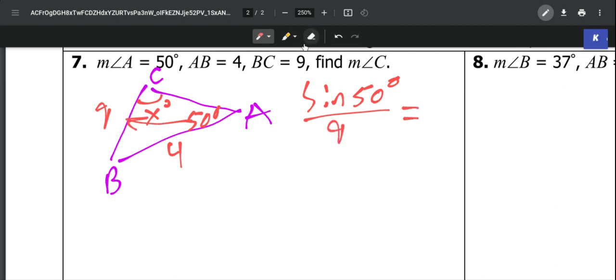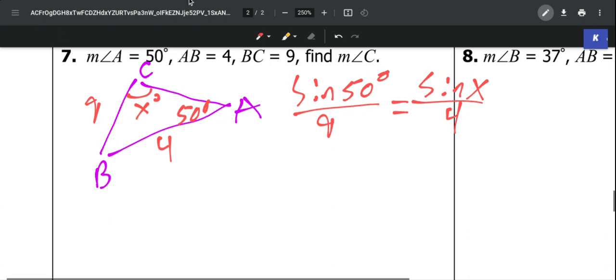That's equal to sine of x, because x degrees is filling in for our angle measure, over the opposite side, 4. Now we have our proportion set up.